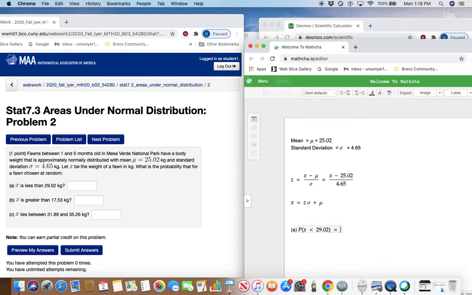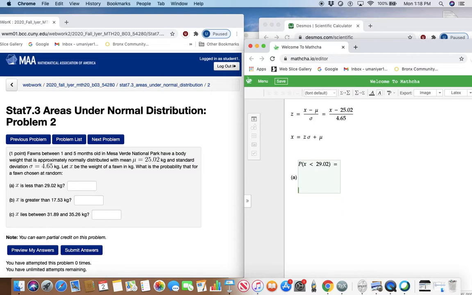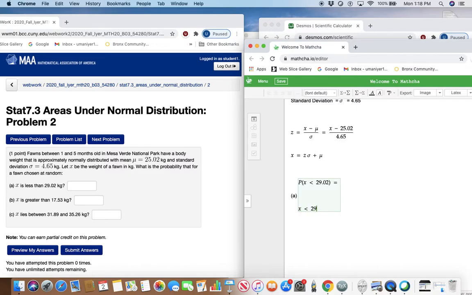I'm told that x is less than 29.02, so let me use this formula to standardize x and standardize 29.02.